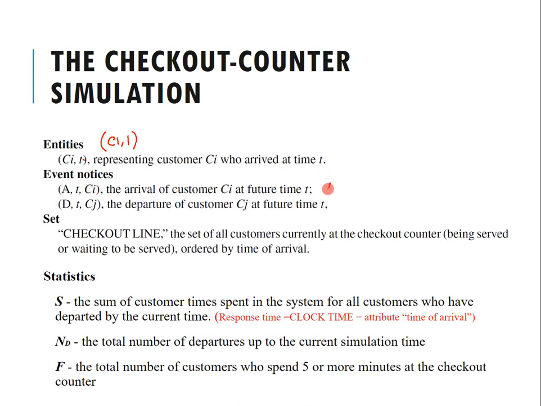For example, if you have A, 4, C2, it means customer 2 arrives at time 4. For D, comma T, Cj, it is the departure of customer j at future time T. For example, if you have D, 5, C1.